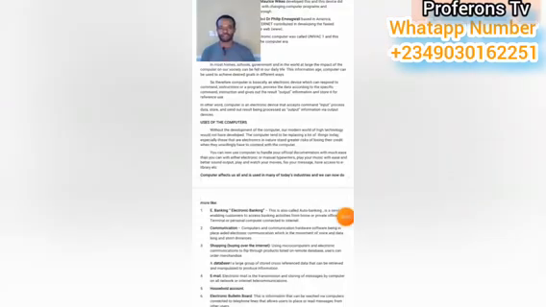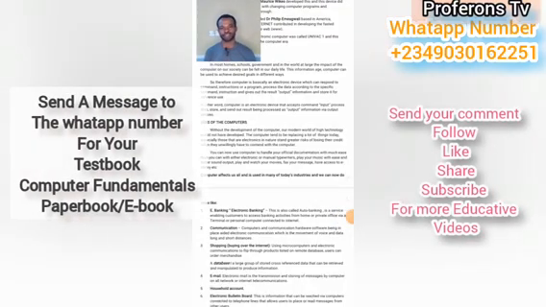Now we want to discuss what an introduction to computer system is. As you can see on the screen, pages of one of my textbooks I called Computer Fundamentals.